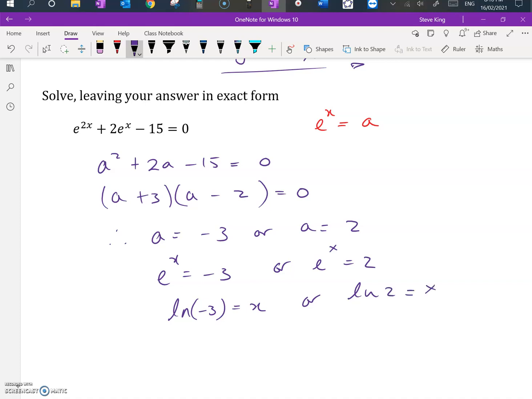Now, I can't have this one. I can't have the log of a negative number. If you remember about the log graph, I never get a value that is negative. So this is not possible. And so I'm going to get that x is equal to ln 2.